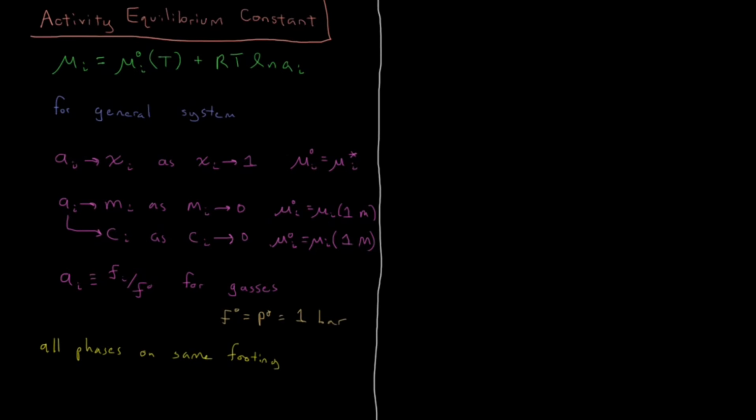So we can move forward here and start defining the reaction Gibbs energy for the most general type of system that we can imagine chemically. So let's define our Gibbs energy of reaction.